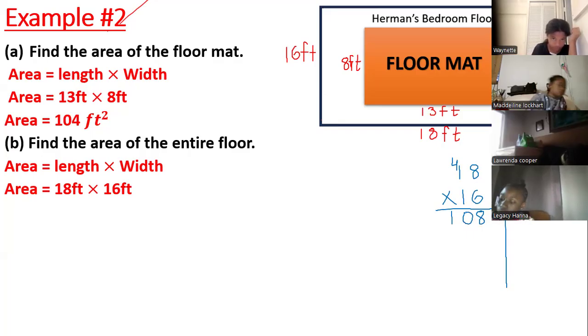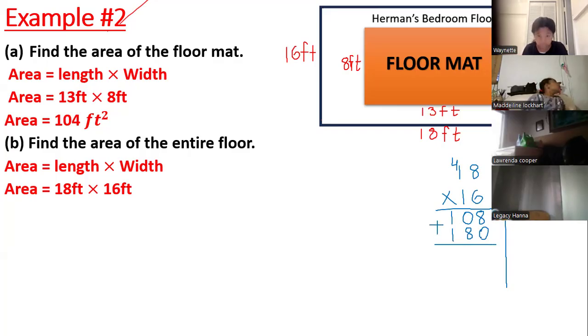What do we do now? Put the 0 down as a placeholder. We have 1 times 8, which is what? 8. And 1 times 1, which is what? 1. Add them. 8 plus 0 is 8. 1 plus 1 is 2.